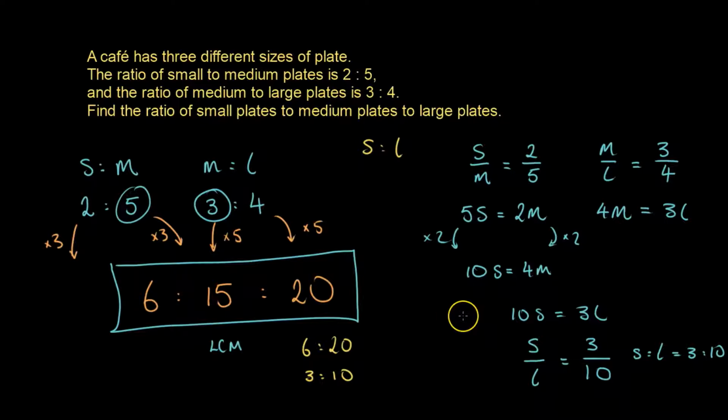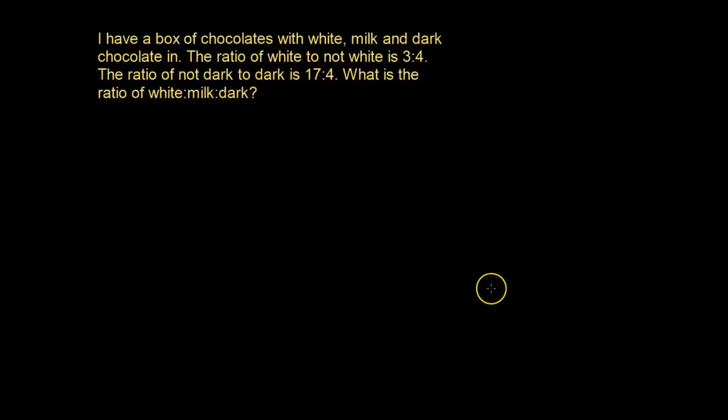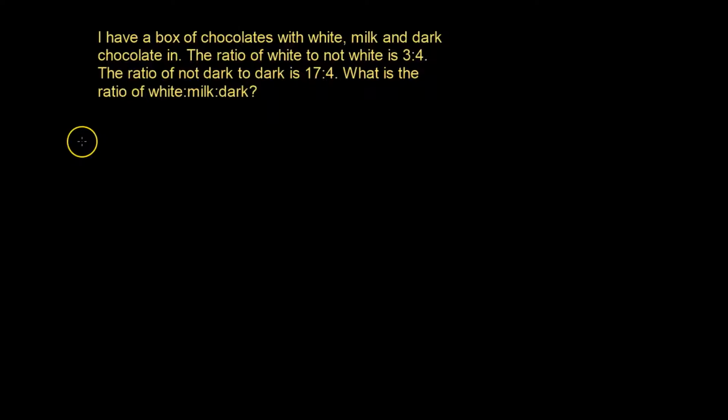So let's have a look at a slightly harder problem now. So let's again write this down in symbol form. We have got white chocolate to not white chocolate is 3 to 4. And we have not dark chocolate to dark chocolate is 17 to 4.